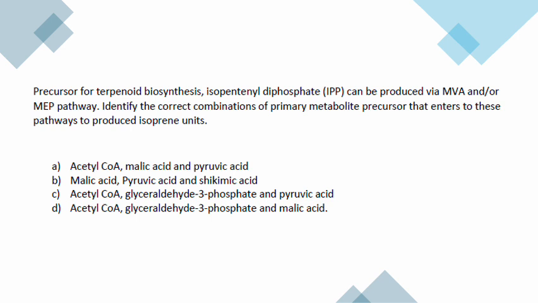For this pathway, you need glyceraldehyde 3-phosphate and pyruvate. Again, this will also produce isopentenyl diphosphate. From both of these pathways, isopentenyl diphosphate is produced, which can give dimethyl allyl diphosphate. But of interest to us is isopentenyl diphosphate only.